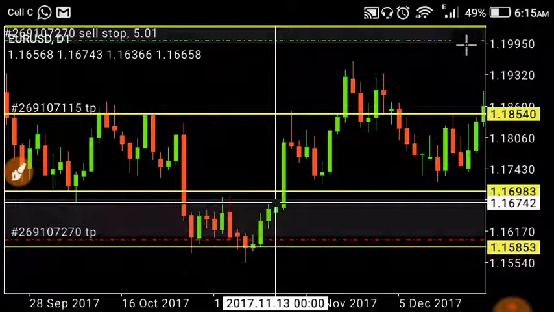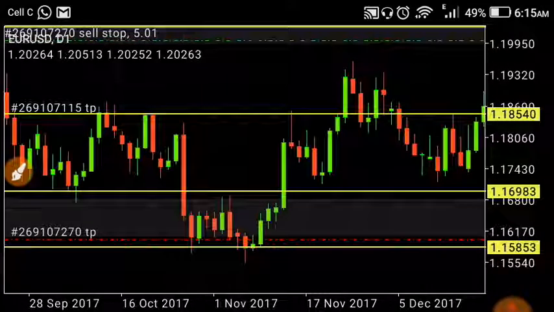So these are the type of trades that we are actually looking for, and these are the type of trades that will actually make you a lot of money, particularly if you are using a daily chart as well.